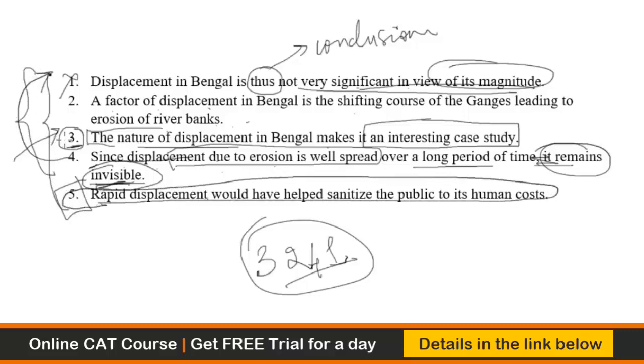All the other sentences are talking about displacement in Bengal not being very significant, and the nature of displacement in Bengal being an interesting case study. So rapid displacement with respect to sanitizing the people at human cost, all these terms are somehow not connected with the rest of the paragraph and do not fit in well, and therefore 3 2 4 1 is the best answer and is the right sequence, with 5 becoming the odd one out.